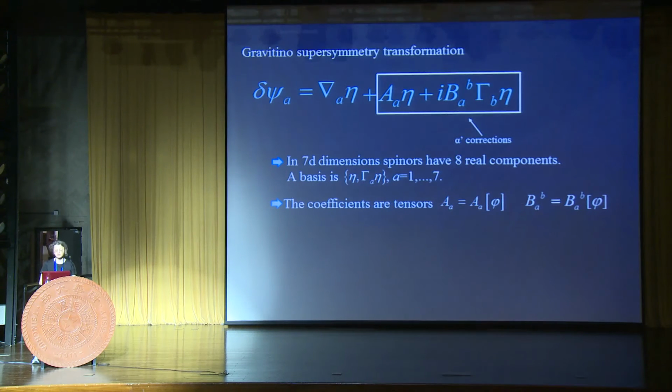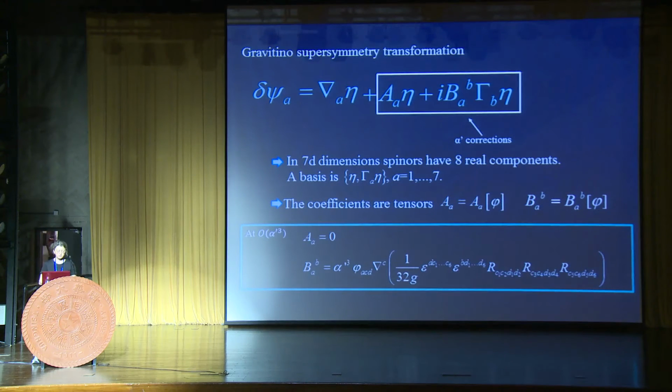So just think about them as maybe functionals of phi. Now, to the leading order correction, there are even explicit expressions for these objects A and B. Here they are. But as I'm going to argue in a moment, these expressions are actually not needed. To prove solvability, all we are going to need are some cohomology conditions I will mention in a moment.